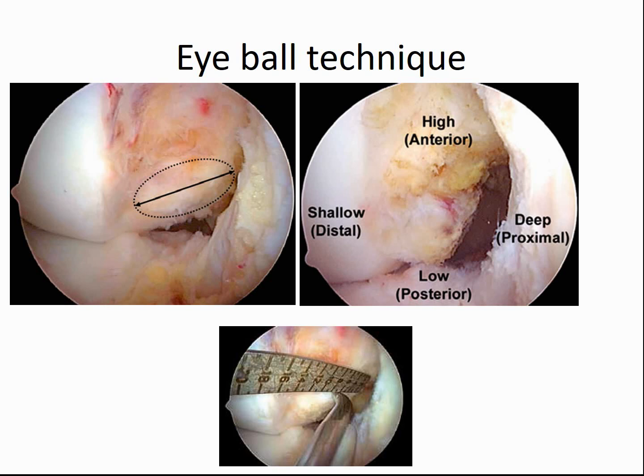However, it should be kept in mind that due to parallax with the use of a 30-degree arthroscope, using visual cues to locate the center of the ACL femoral attachment site tends to result in the tunnel being positioned more shallow than the true center of the attachment site. The true center can be more accurately located using an ACL ruler.